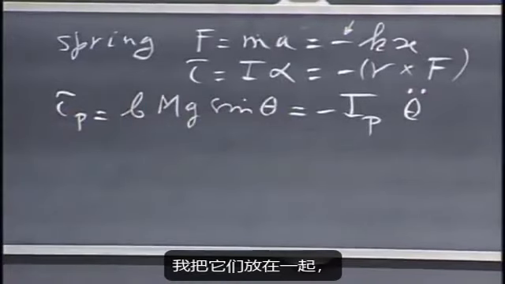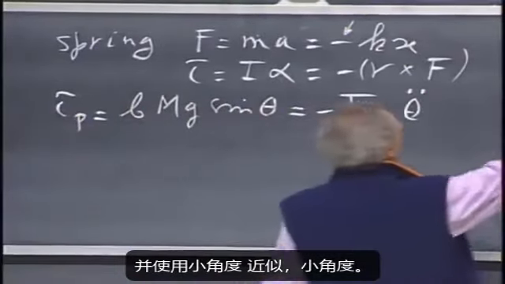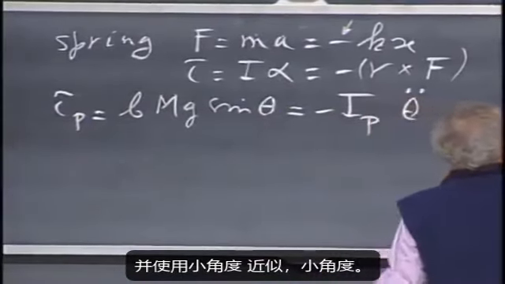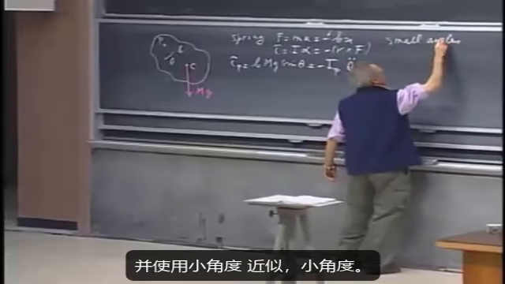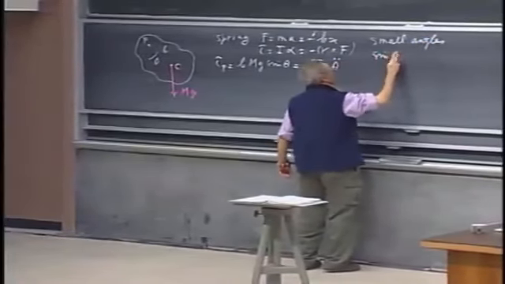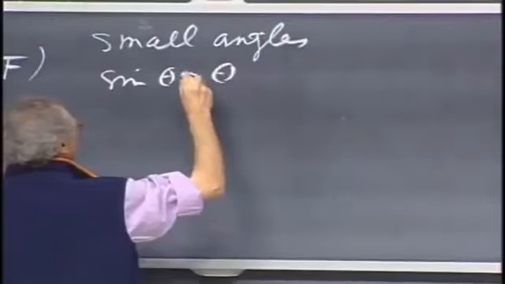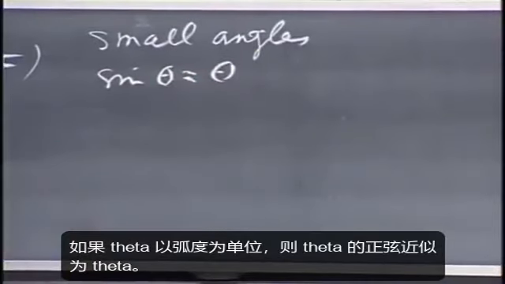I bring them together, and I use the small angle approximation. For small angles, the sine of theta is approximately theta, if theta is in radians.